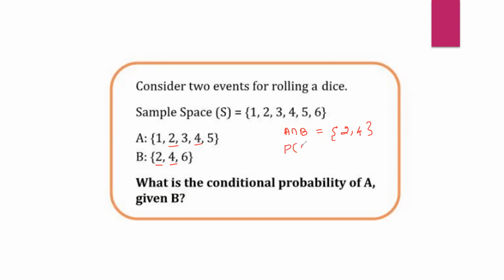So P of A intersection B is equal to 2 divided by the sample space, 6. Let us now find out the probability of B. What is the probability of B? 3 divided by the sample space, 6.